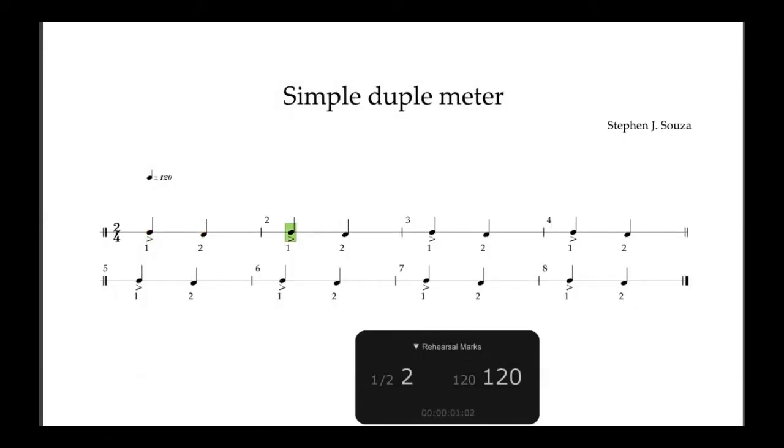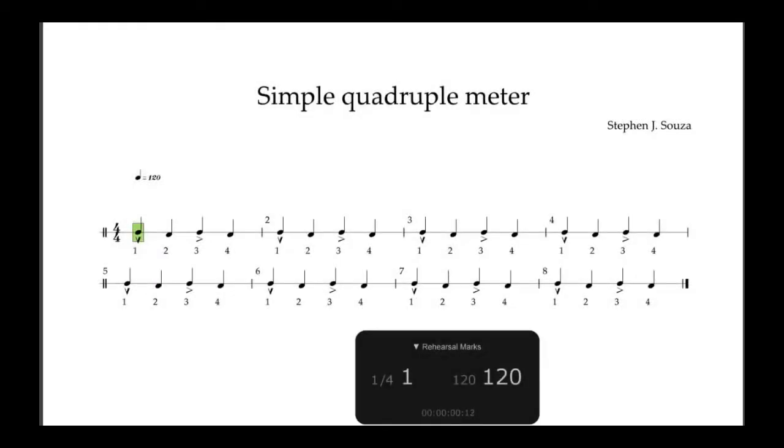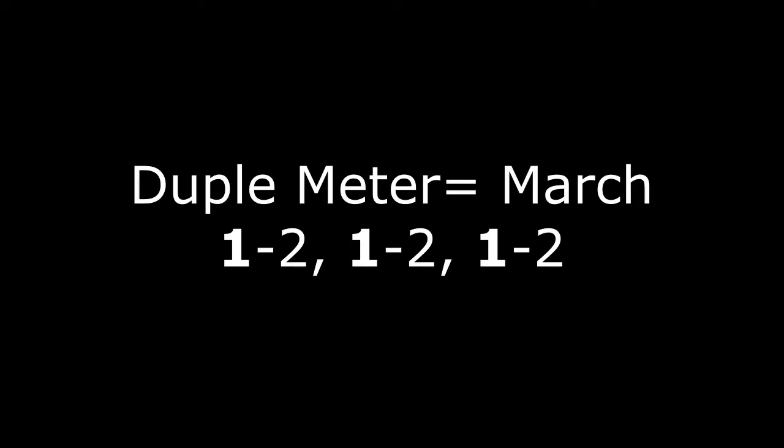Now let's take a look at duple, then quadruple meter. Duple sounds like a march because we have 2 feet, and the beat, one accented and one unaccented, fits our feet perfectly. 1, 2, 1, 2, 1, 2.